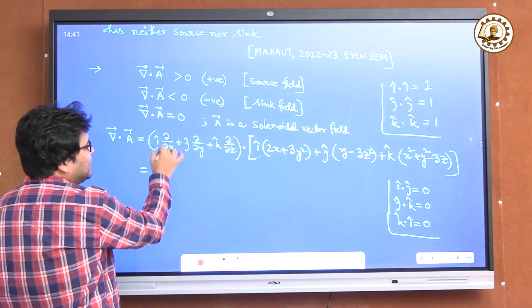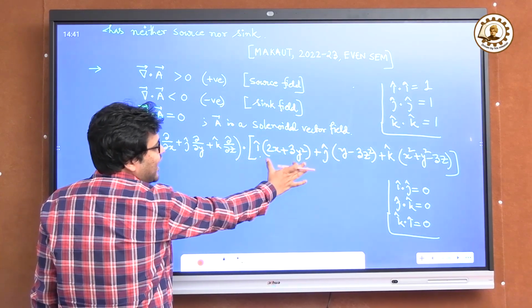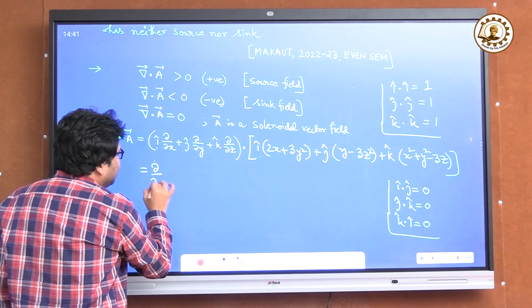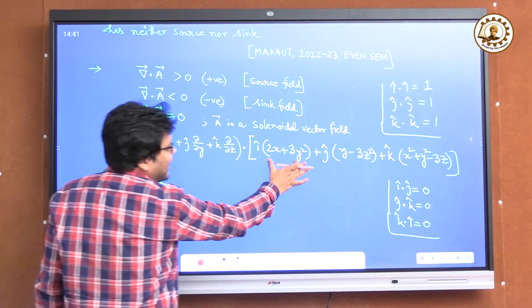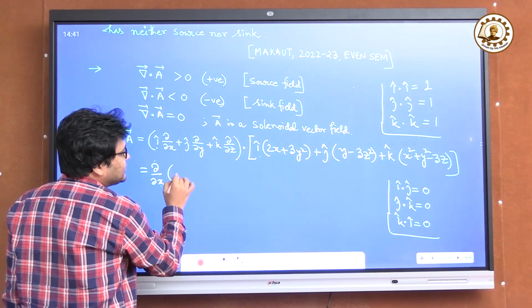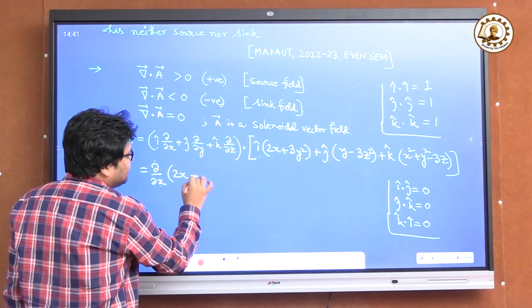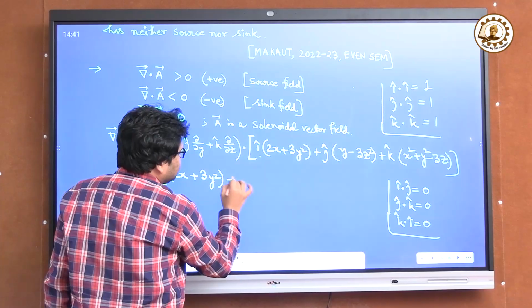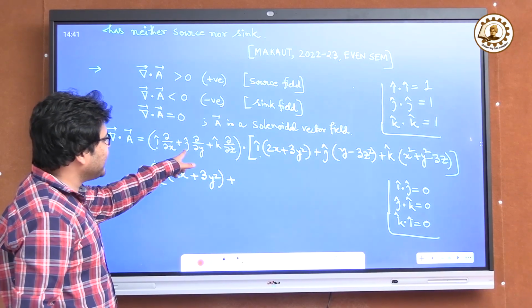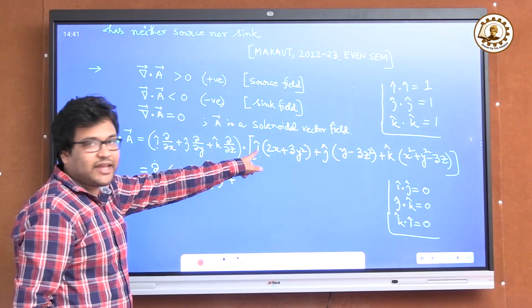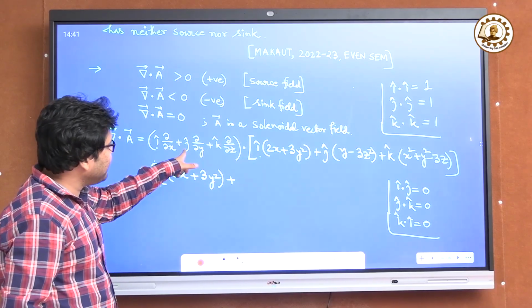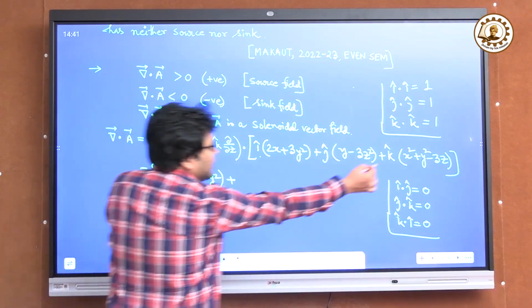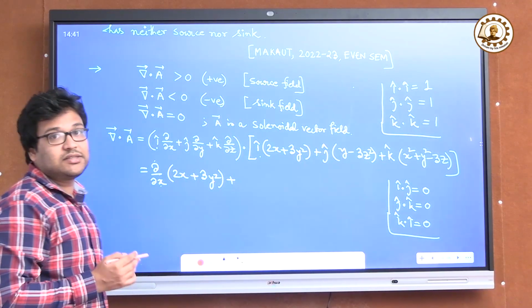That means del del x is going to operate on the i cap component of the given vector field. So we have del del x that is going to act on the i cap component, that is 2x plus 3y square. Plus, similarly, j cap when multiplied with i cap results 0, when multiplied with j cap results 1, and when multiplied with k cap also results 0.